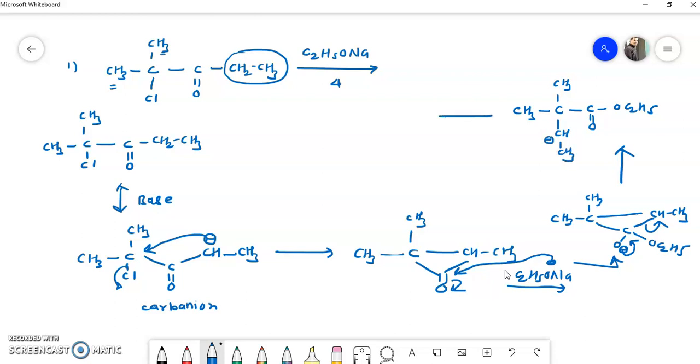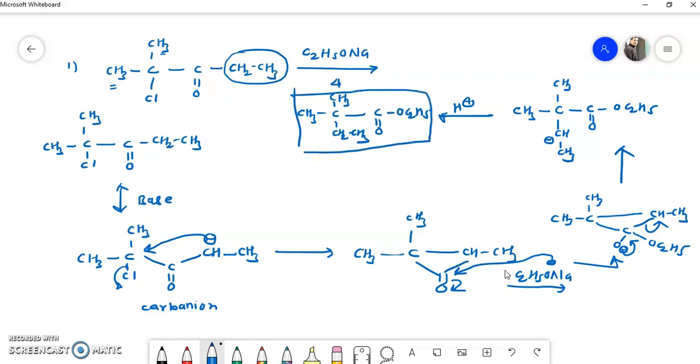And in the last step there is a protonation of this CH to form the final product. So the final product will be CH3, CH3, CH2, CH3, C double bond O, O, C2H5. So this will be the final product of this reaction.